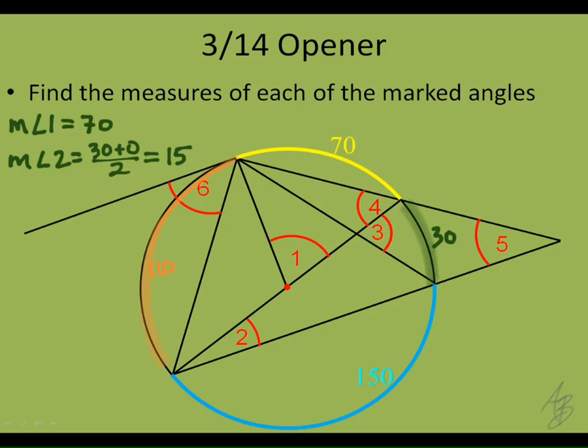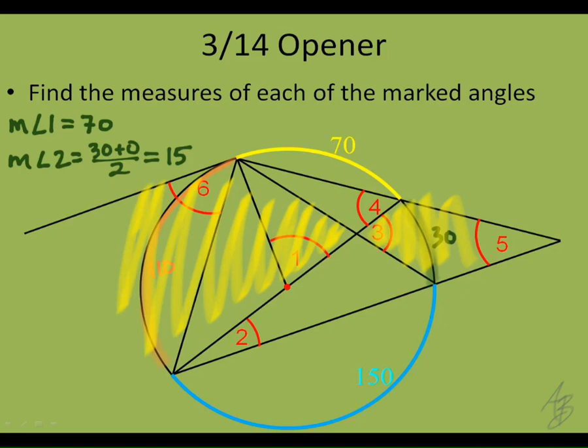So what we need to look at now is the intercepted arcs. Coloring inside of the angle there and its vertical angle over here, what are the 2 intercepted arcs going to be? Okay, the 30 on the one side and the 110 on the other side.